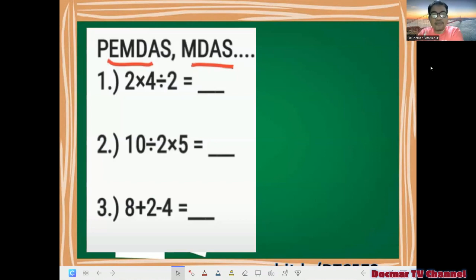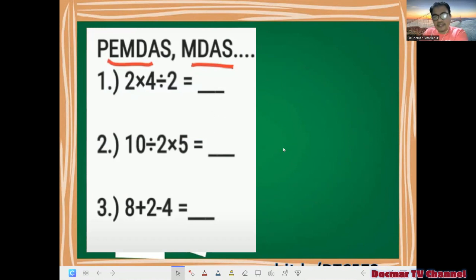This example is from one of the reviewers. So what shall we do? What do we do first? We multiply first because multiplication is the first operation. We do it from left to right. 2 times 4 equals 8, divided by 2 is 4. Okay.